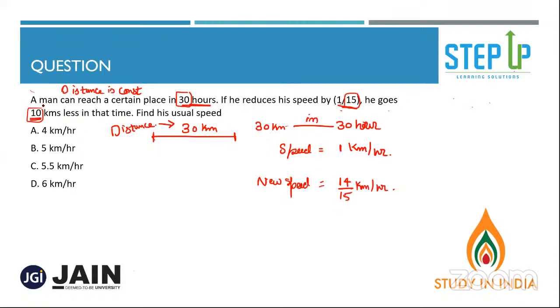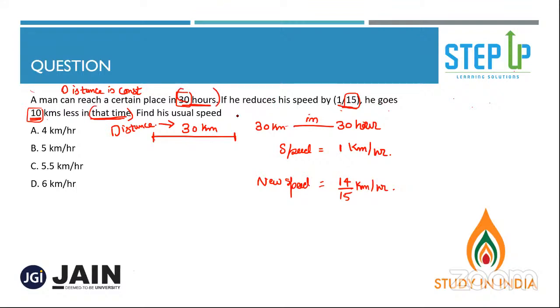Now, in that time, how many hours? What time? A man can reach a certain place in 30 hours. If he reduces his speed by 1 by 15, he goes 10 kilometer less in that time.